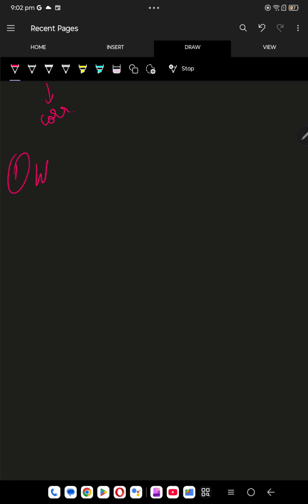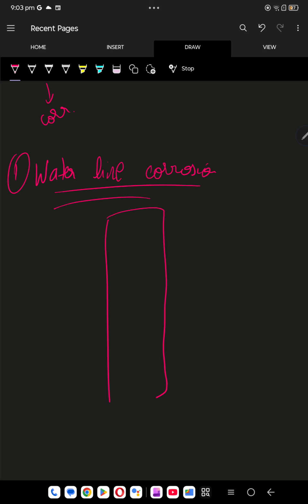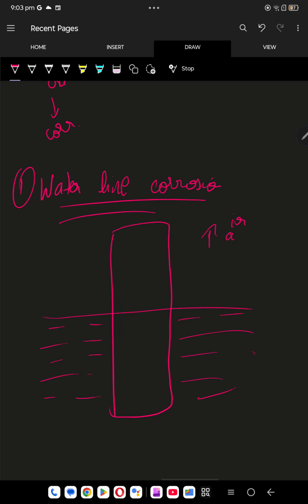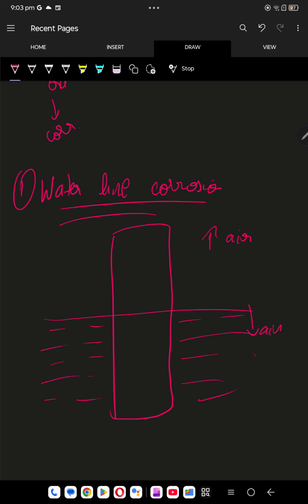First one is water line corrosion. You can Google pictures also of an iron or whatever metal pillar, and this part will be underwater and this part is above water, so this is exposed to more air, this is exposed to less air, correct?